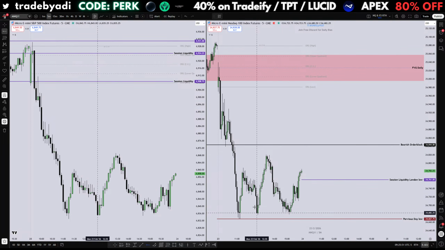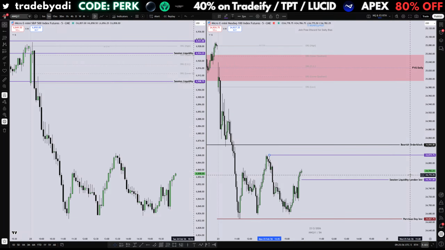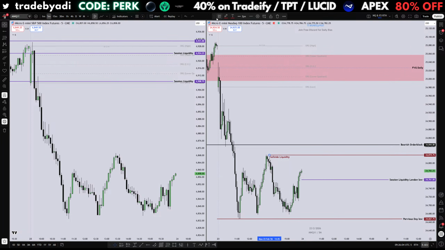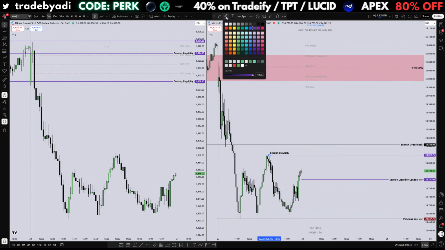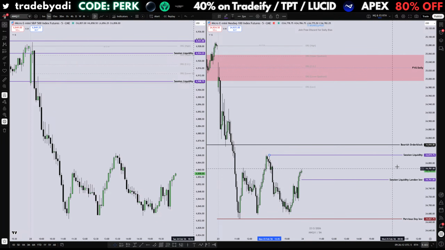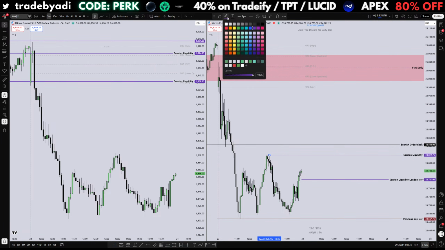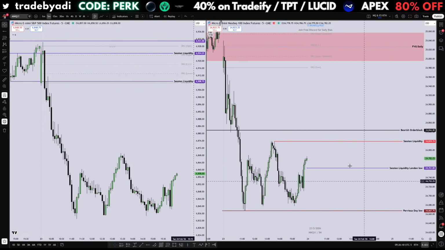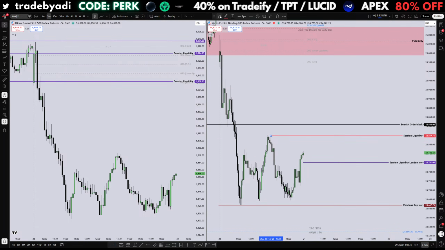We also have yesterday's PM session high. It will be the session buy side liquidity. I will mark this in red because it is on the RTH chart. Actually, I have to save this thing.